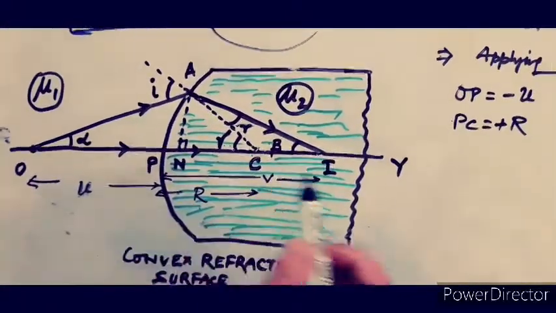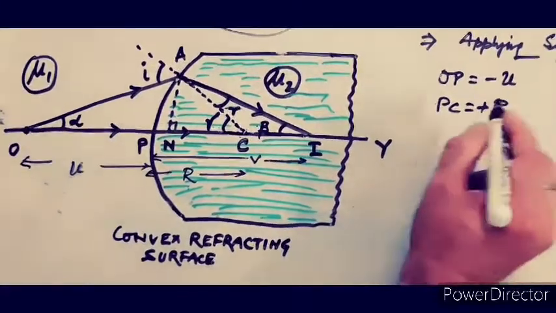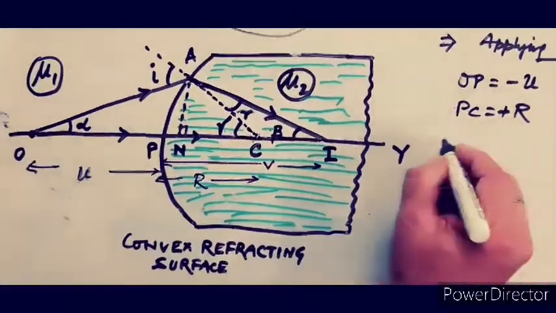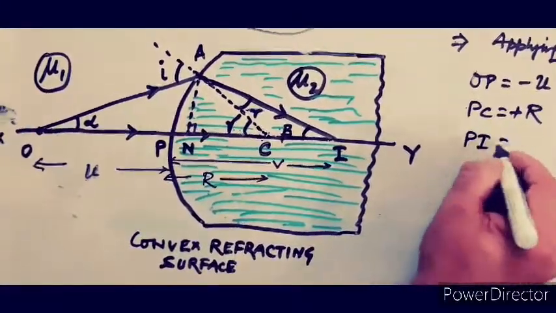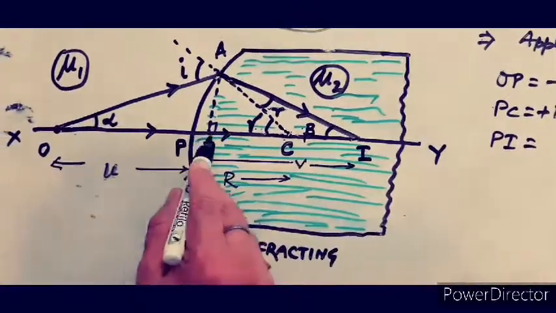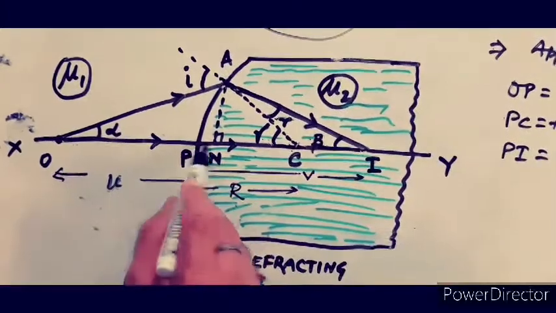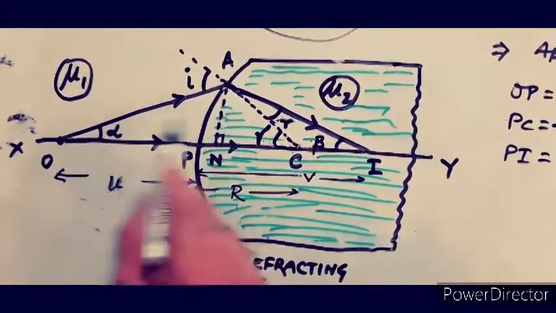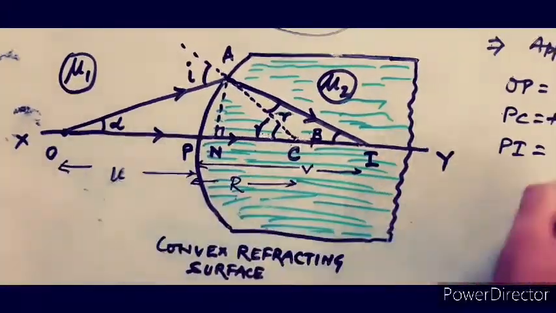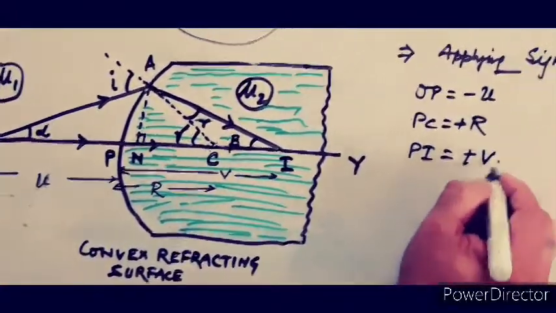PC is the radius of curvature. Then comes PI, the image distance. The image is here, and we have to measure from P to I, so it is along the direction of the incident ray, so taken as positive. We put these values in this equation.